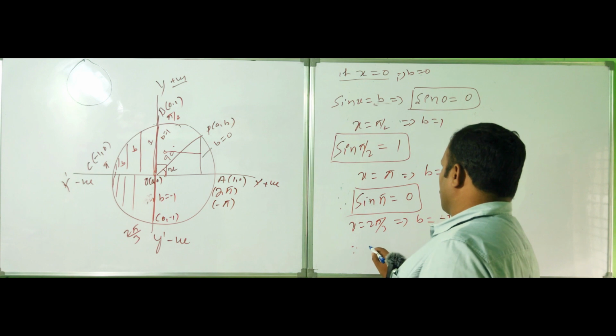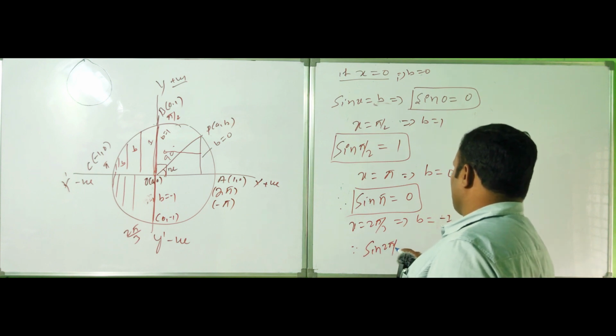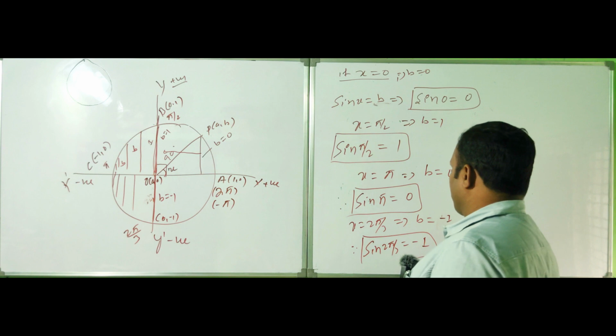Therefore, sine of 2 pi by 3 is equal to minus 1. Definition.